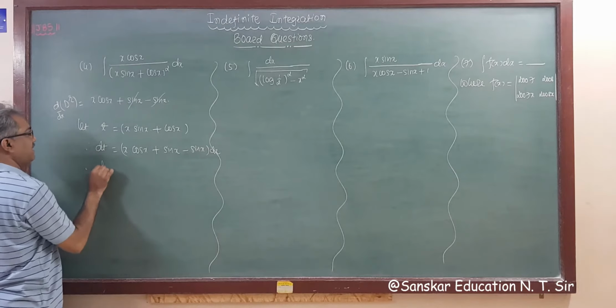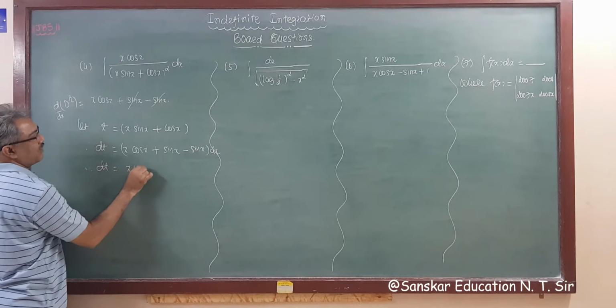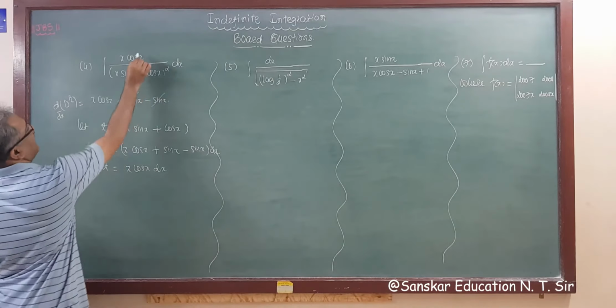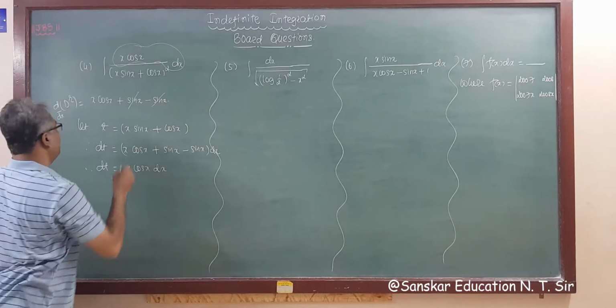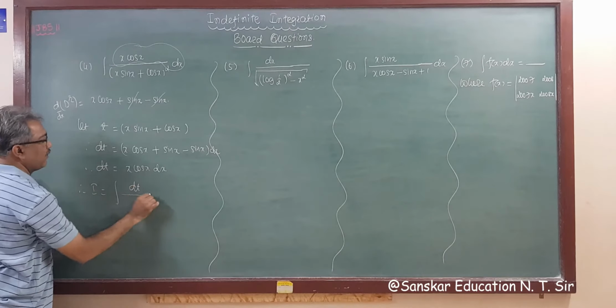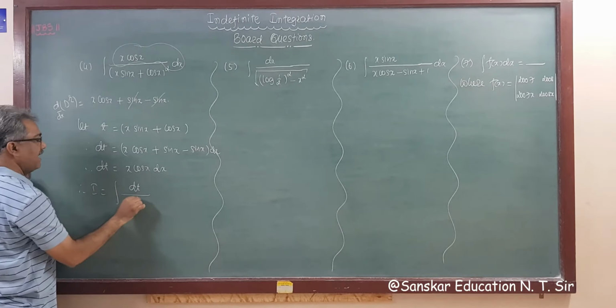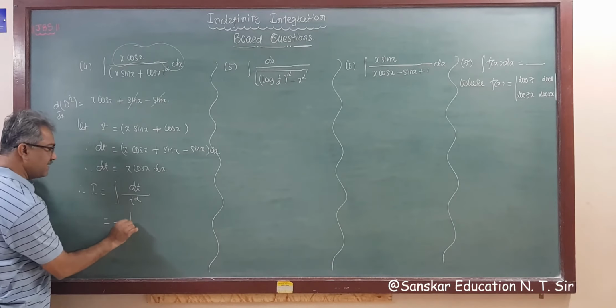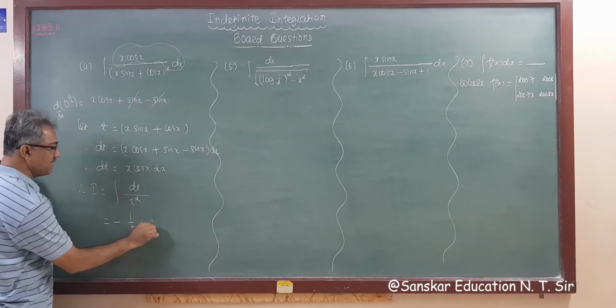So dt is equal to x cos x dx, right? So I will be integration dt upon t square, and the integral of 1 upon t square is minus 1 upon t.